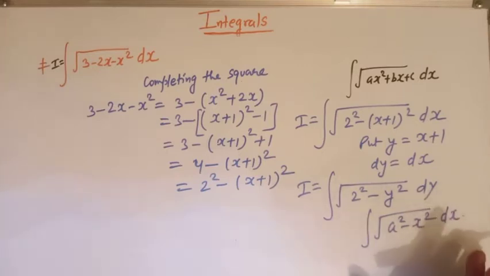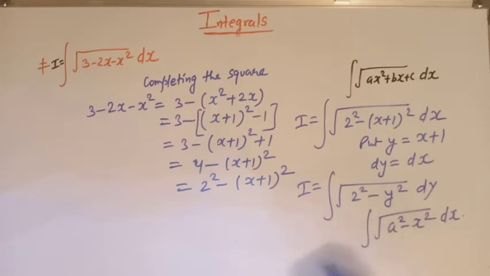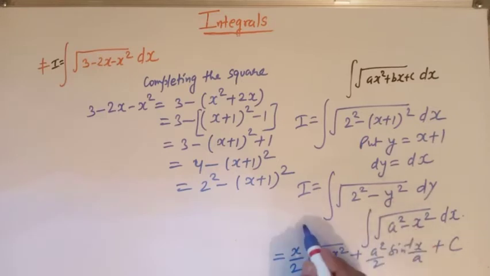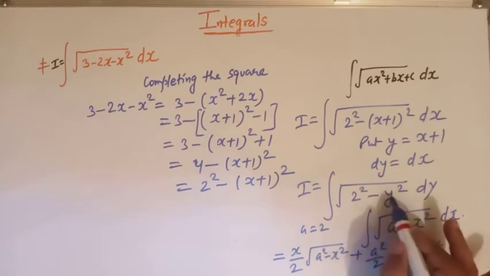And the formula for this integral is x over 2 times the square root of a square minus x square plus a square by 2 sine inverse x over a plus c. Clear? Now here the value of a is 2 because this is 2 square, and for x we have y.